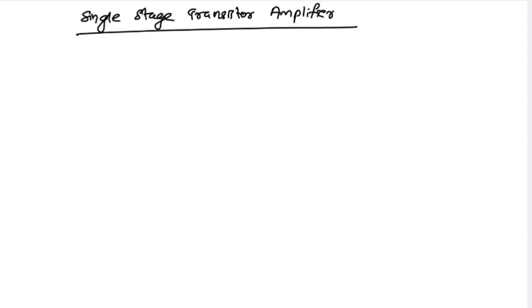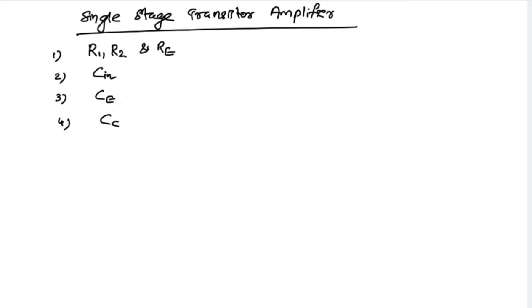In a single stage transistor amplifier we are using only one amplifier stage with its bias and auxiliary components. The main circuit elements are the biasing circuit R1, R2 and RE, and next is the input capacitor Cin, then the bypass capacitor Ce, and the coupling capacitor Cc.